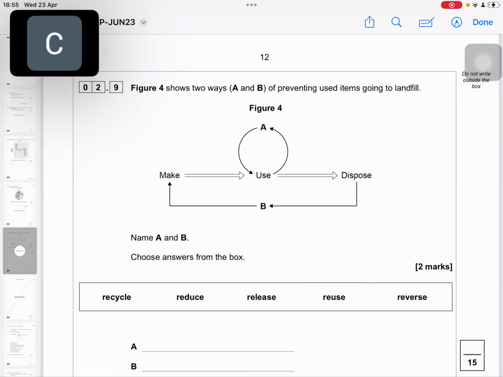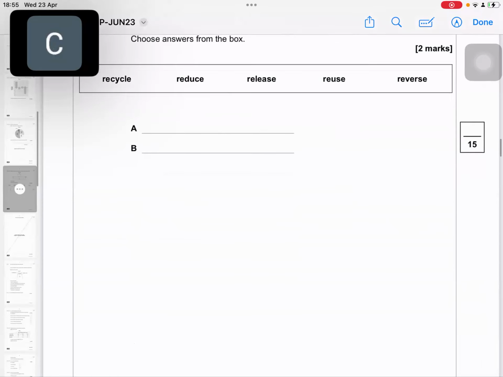Okay. So the marking scheme agrees on that, right? Yeah. Okay, all right. So can we proceed now?